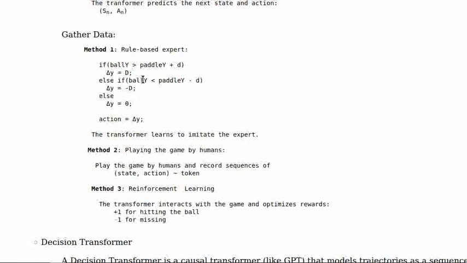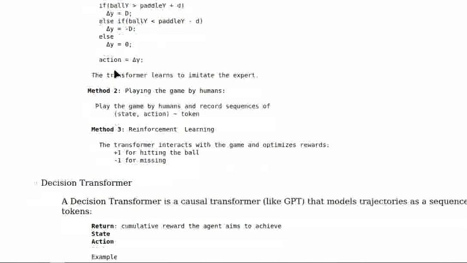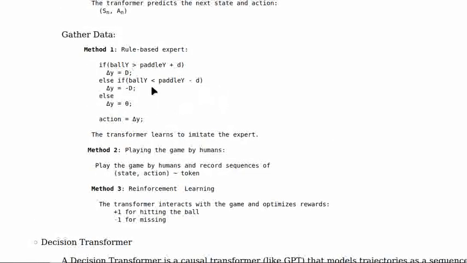Otherwise, if ball y is less than pedal y minus d, then we should decrement y, so delta y is equal to negative d. Otherwise, we just stay, so delta y equals 0 and there will be no change in y. So the action is basically delta y, and the new y will be equal to y plus delta y. The transformer learns to imitate the expert. This is the simplest and the recommended method.